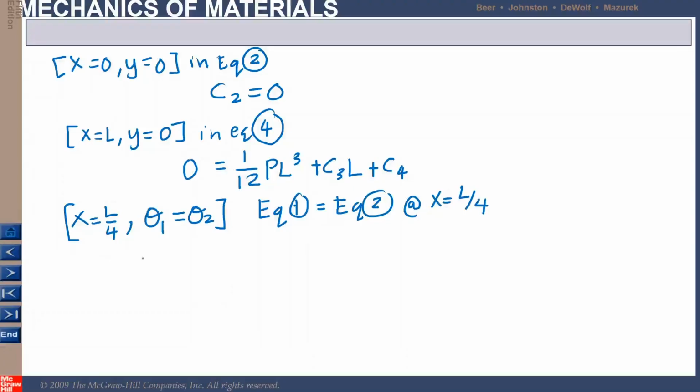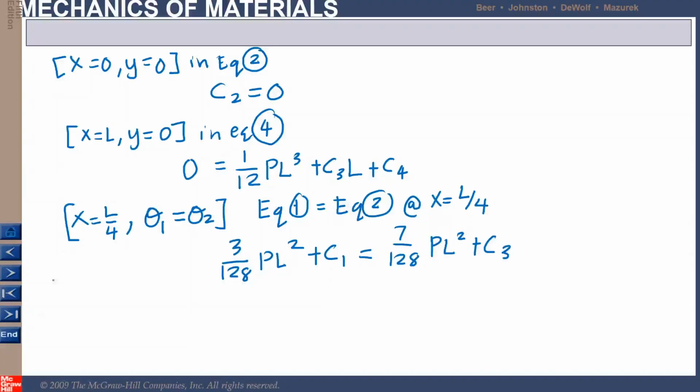So we can proceed to get 3 over 128 PL square plus C1 is equal to 7 over 128 PL square plus C3.